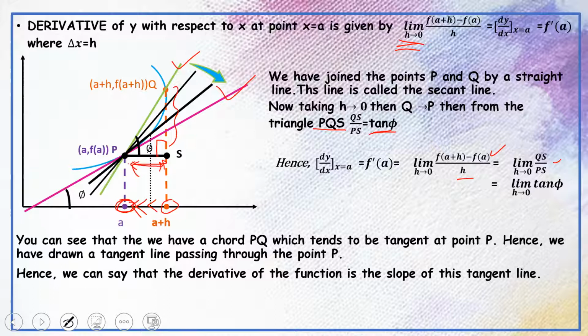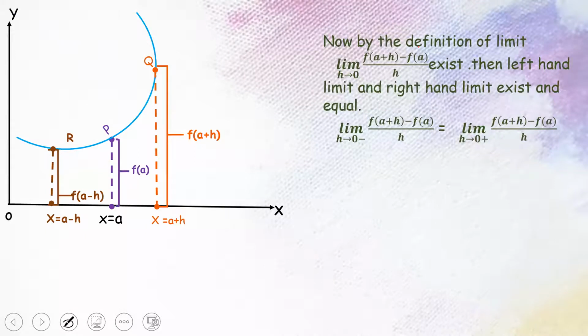Now we have that limiting concept. If this limit exists, then the right hand limit and the left hand limit should exist and they have to be equal. Then we can say this limit, h tends to 0, f of (a plus h) minus f(a) by h, exists.